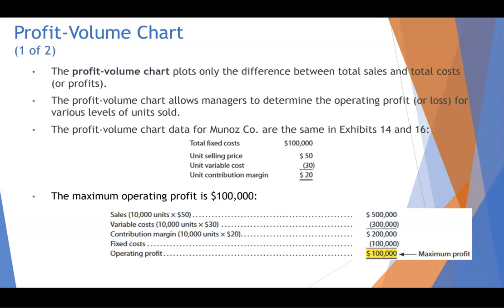The maximum operating profit is $100,000 here. By 10,000 units at $50, less our variable costs, that provides us with our contribution margin of $200,000. We've got our fixed cost and then our operating profit here of $100,000.